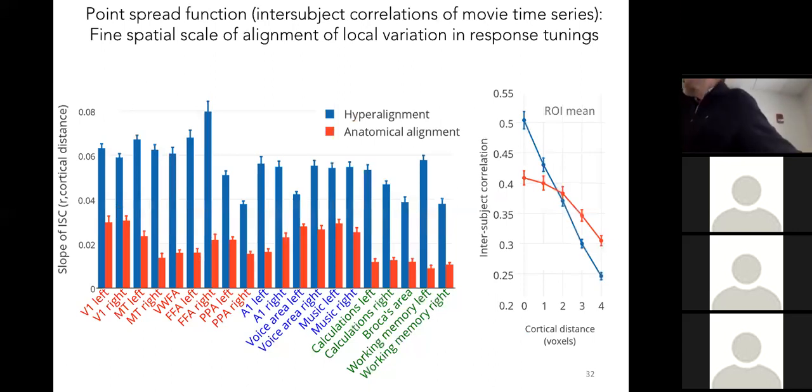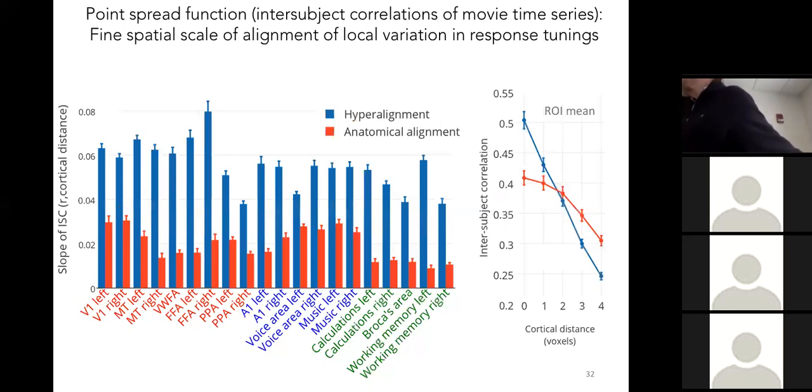And you can see in the anatomically aligned data, the time series for adjacent vertices has about as much correlation with an index vertex as the index vertex itself. You really have to get about 3 or 4 steps away before there's a real drop in this correlation.